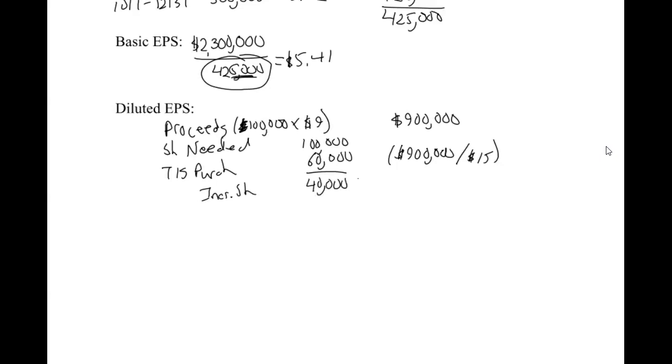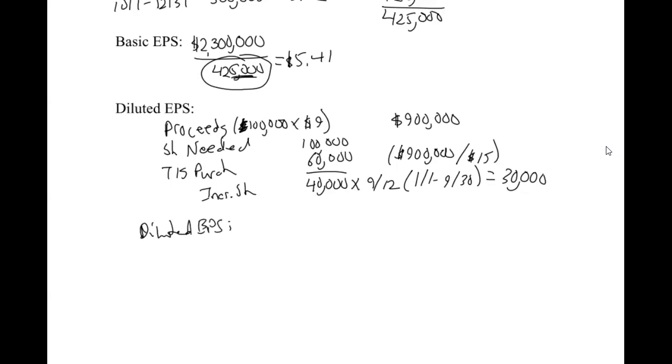Keep in mind it's weighted average, so these were only potentially dilutive from January 1 up to October 1st. I'll put 1 through 9/30, so 9 full months, and that equals 30,000 incremental shares that we're going to be dealing with. Now we put that into diluted earnings per share.